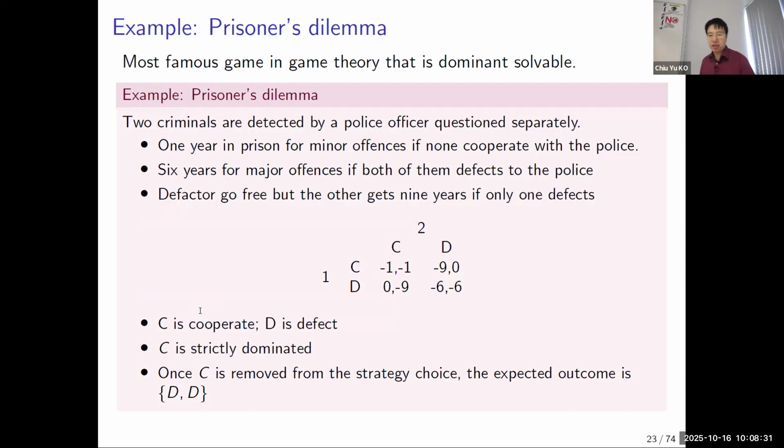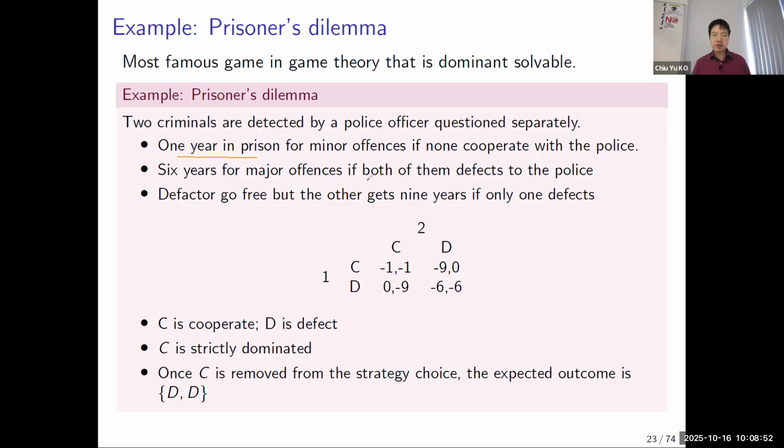If no one confessed, they would just send them to 1 year in prison for just illegal possession of the gun, right? Because they didn't rob the bank yet, right? So none of them would go to jail for a very long time, just for 1 year, for illegal possession of guns. Okay.